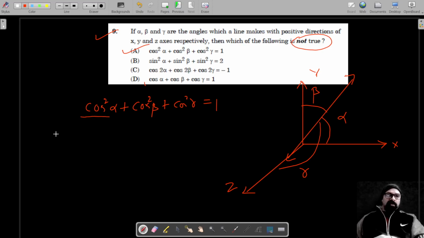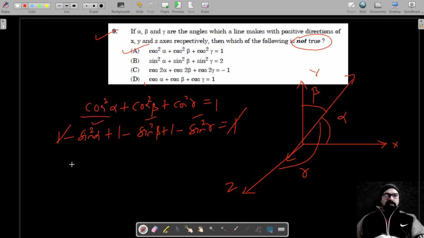Now the cos square alpha, I can write it as 1 minus sin square alpha, plus 1 minus sin square beta, plus 1 minus sin square gamma is equal to 1. So 1 and 1 get cancelled. So now, for all these, I can take negative common.